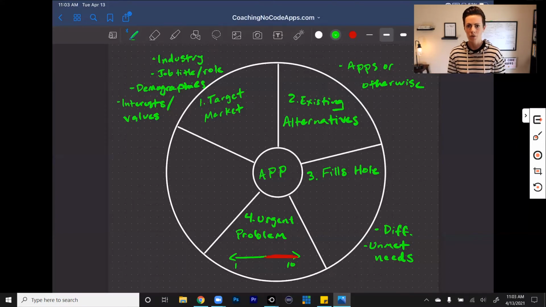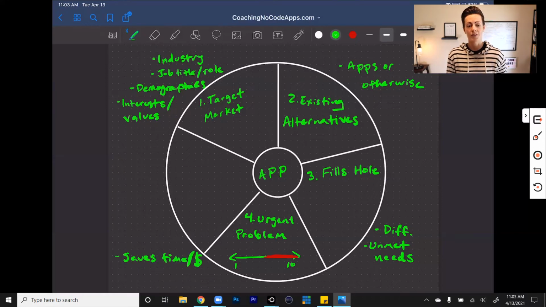And it's always going to be easier for you to do that if there's some sort of urgency in some way. Okay, so what we like to look at usually is when your app saves time or money.